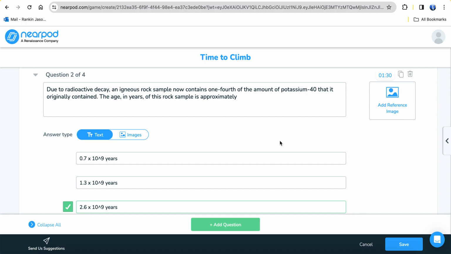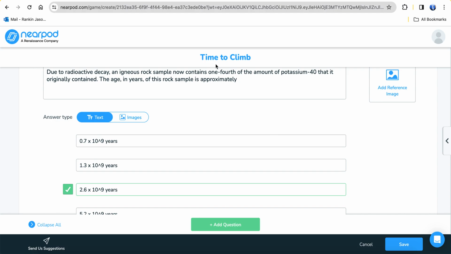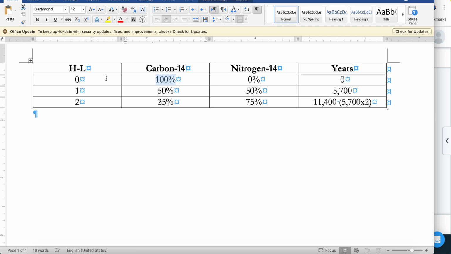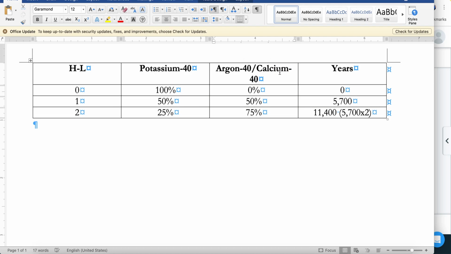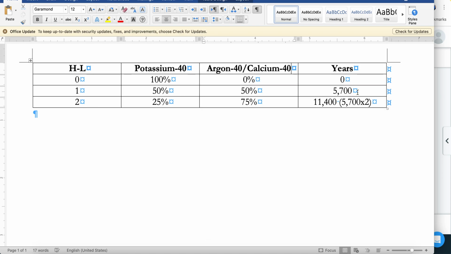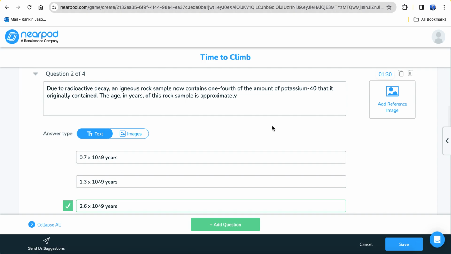The age in years of this rock sample is approximately... Sorry, I went out of order.